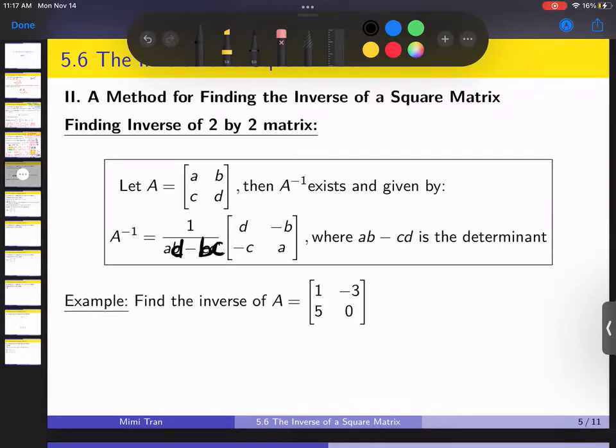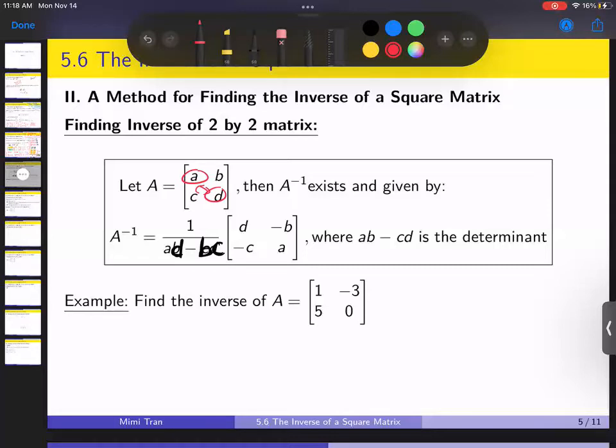The A and D switch order, so A becomes D and D becomes A. B and C stay where they are, however the sign changes, just opposite compared to the original.